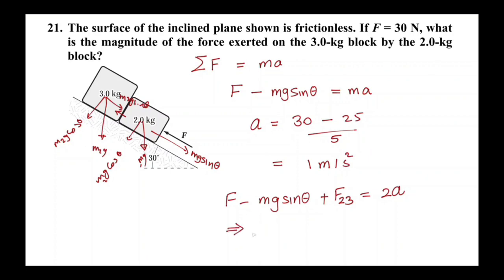In other words, F2 on 3 equals 2 times 1, the acceleration is 1, plus 10 because the mass equals 2 and g equals 10, sine theta is equal to half, so it's just 10, minus 30 newtons, which is the magnitude for F. So in total it's equal to 18 newtons.